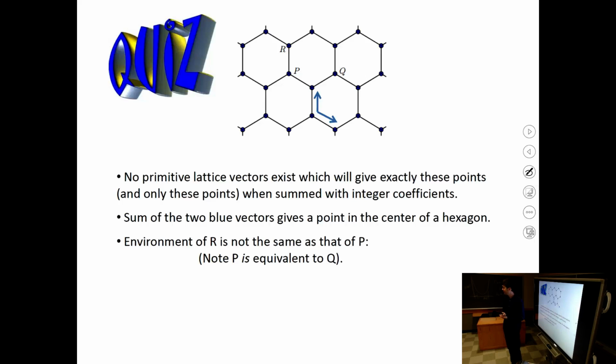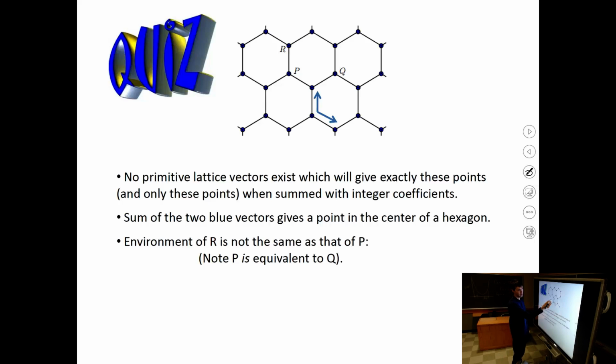Another way to see that it's not a lattice is that you cannot come up with primitive lattice vectors. You need to have the lattice vectors to create the lattice. And what is the definition? That each sum of two lattice vectors creates another lattice point, and you can take 3 vectors in this direction, 4 vectors in this direction, and you always hit a lattice point.